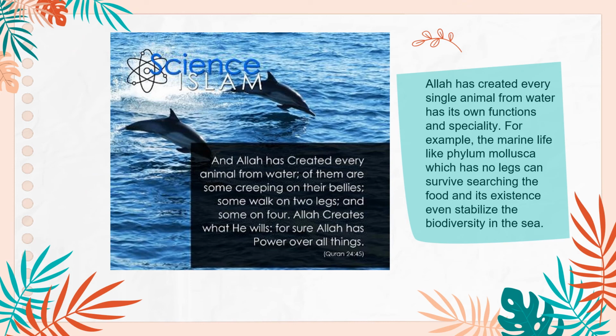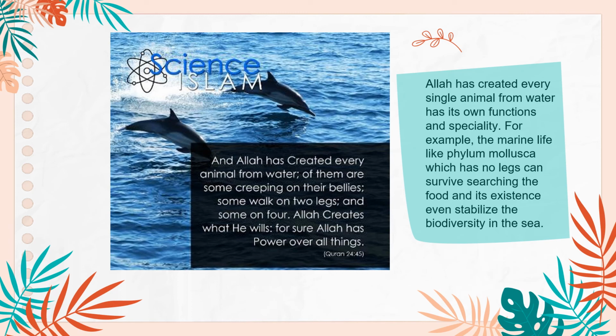In Surah An-Nur verse 45, Allah also has created every animal from water. Of them are some creeping on their bellies, some walk on two legs, and some on four. Allah creates what He wills, and for sure, Allah has power over all things. From the translation of Surah An-Nur, Allah has created every single animal from the water to the land, each with its own function and speciality.